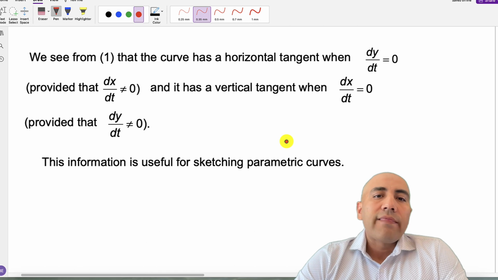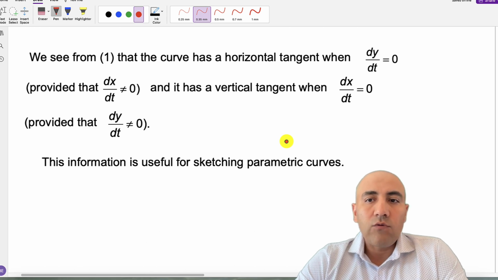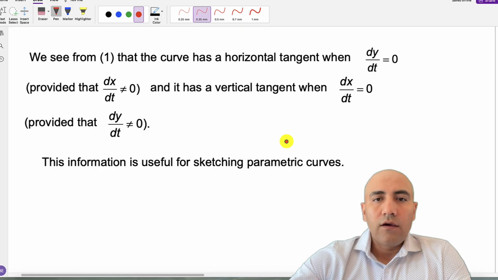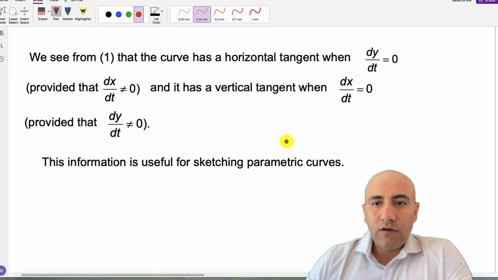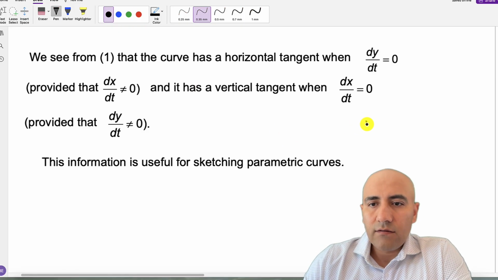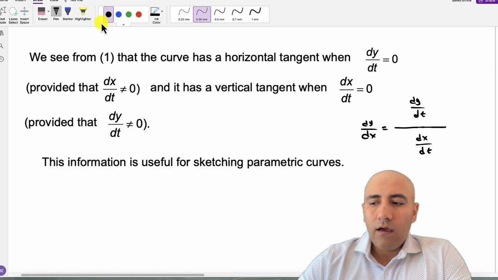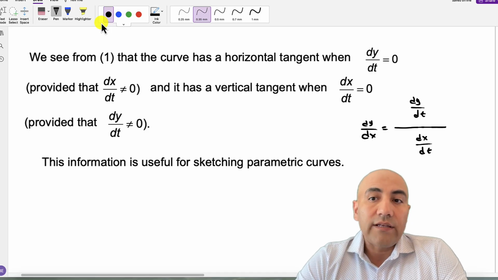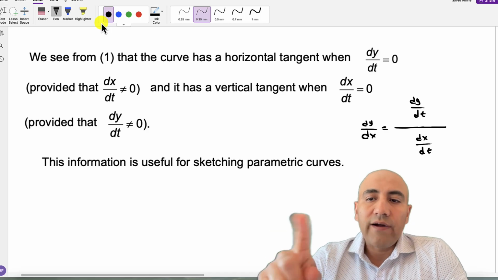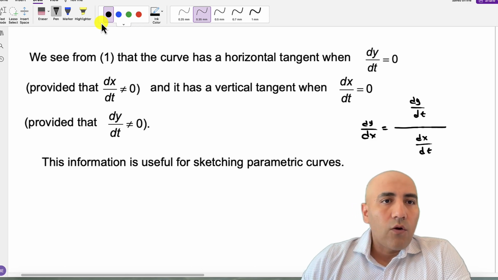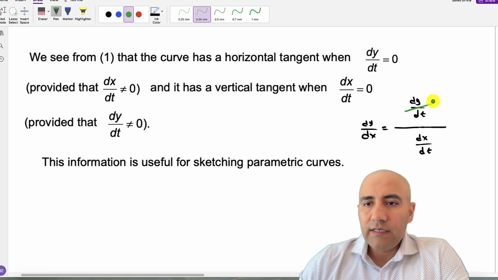We see from this equation that the curve has a horizontal tangent when dy/dt is equal to 0. Remember that horizontal tangents occur when the slope equals 0. So if dy/dx is equal to this fraction where the numerator is dy/dt and the denominator is dx/dt, then when the numerator dy/dt is equal to 0, the whole fraction will be 0, provided the denominator is not 0.